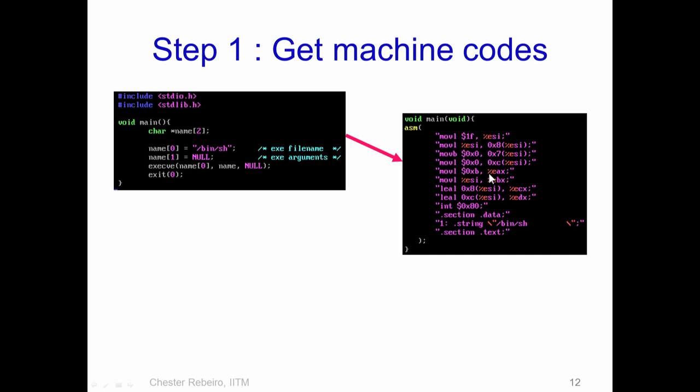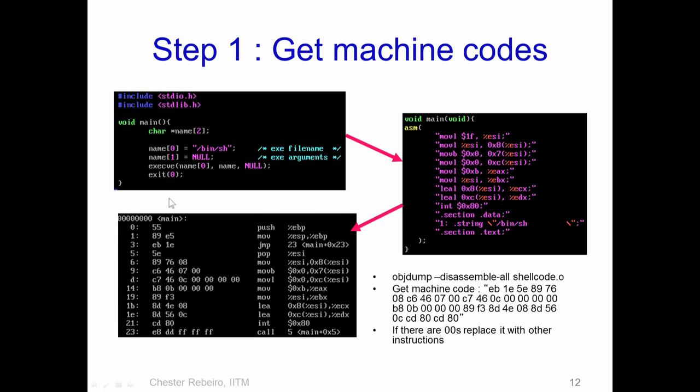The next thing the attacker would do is to compile this assembly code and get what is known as the object dump. He first compiles this code to get shellcode.o, which is the object file, and then he will run the command objdump --disassemble-all shellcode.o to get this particular file.